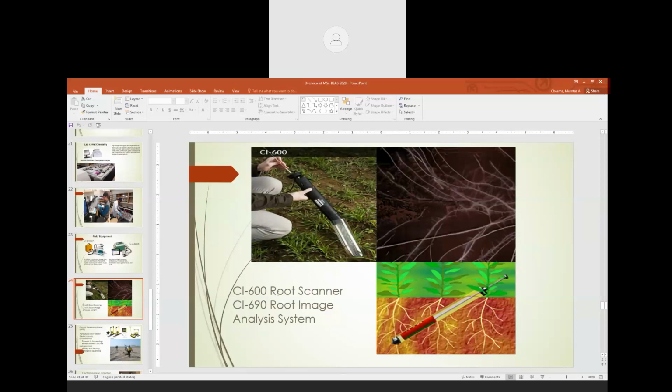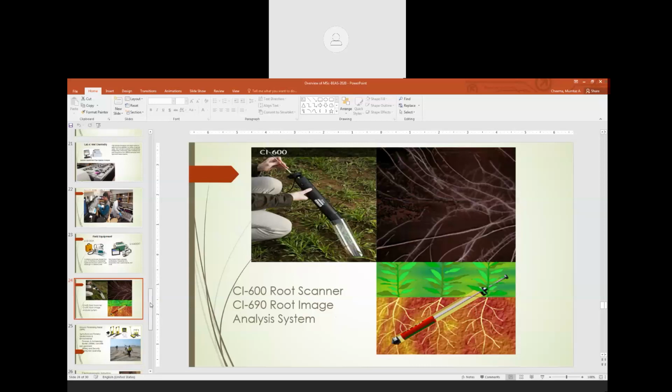Through the root scanner, we get the non-destructive samples, and we use this root image analysis software. Again, we have a separate monitor, and using a finger makes it a little bit easier. You can identify all these root morphological traits.